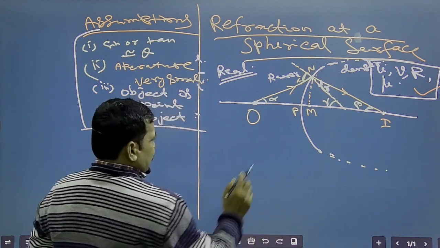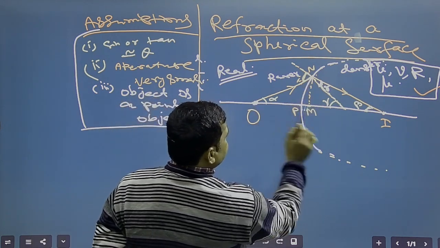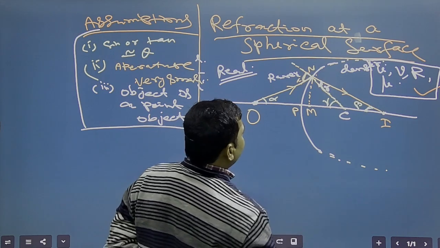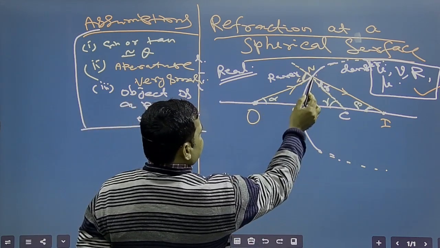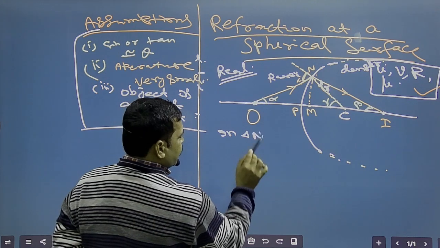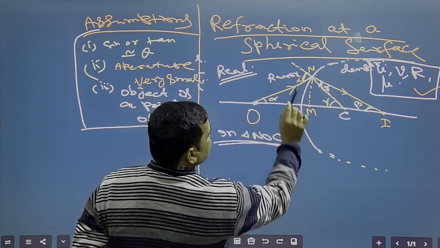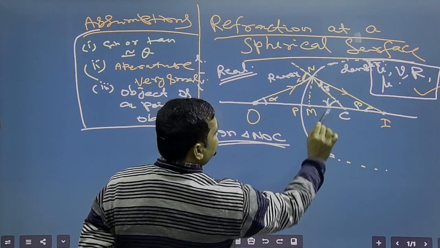So you see, if I consider a triangle NOC, this is your normal point, and this is the center of curvature. So in triangle NOC, the I is the exterior angle and the interior angles are alpha and gamma.